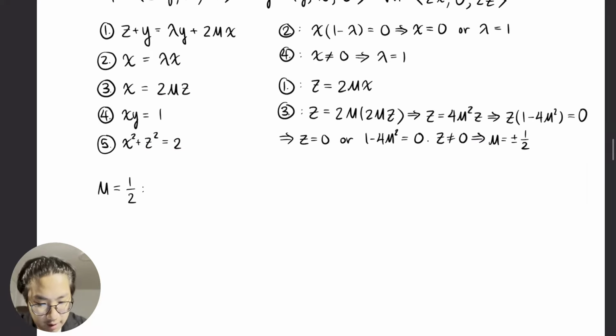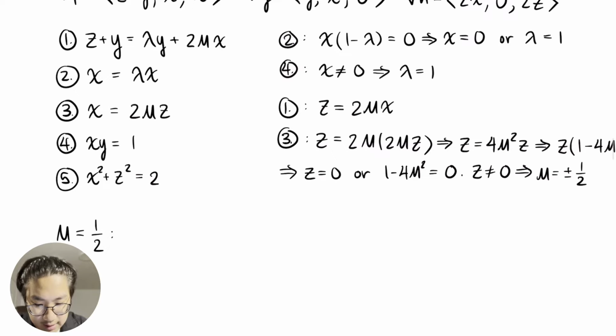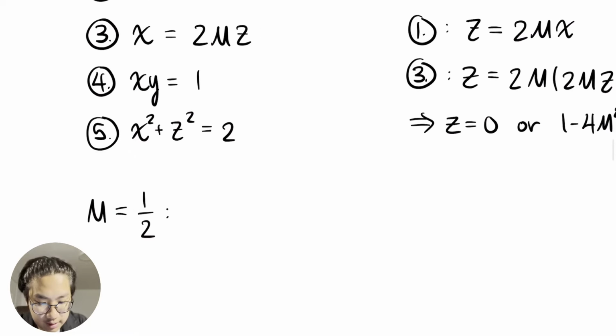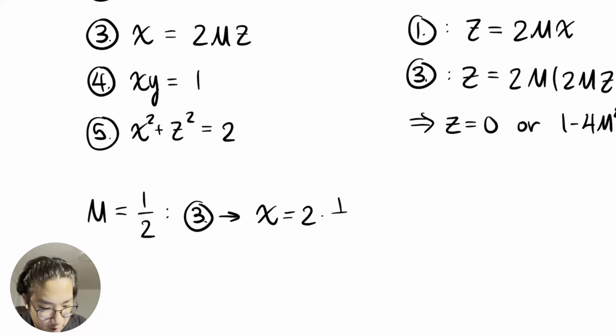So if mu is equal to 1/2, we can then take a look at number 3 over here, which gives us that x is equal to 2 times 1/2 z. Obviously these two will cancel out, meaning x is equal to z.